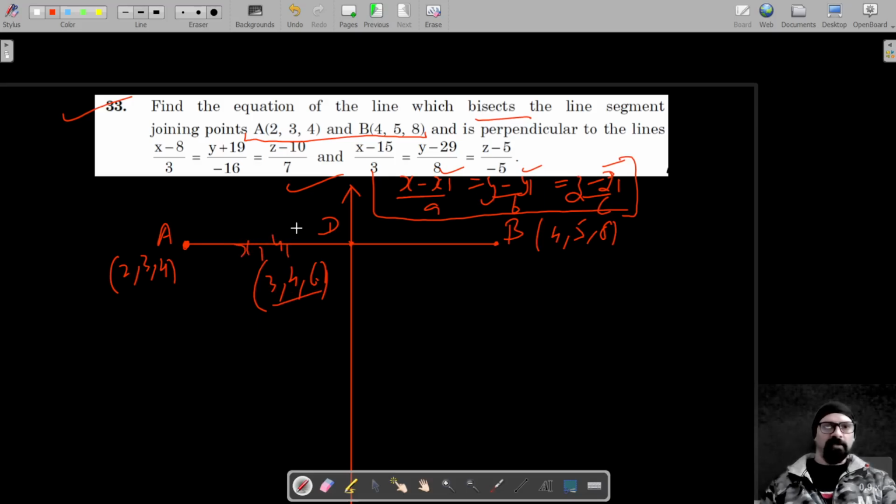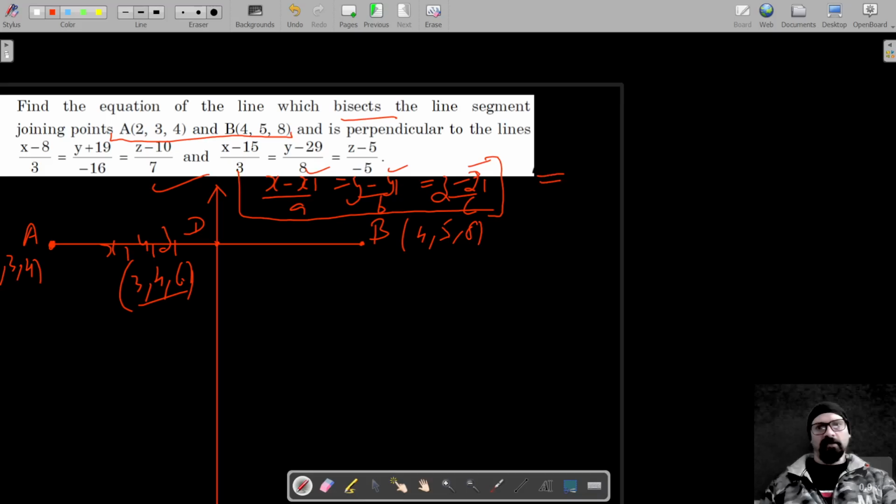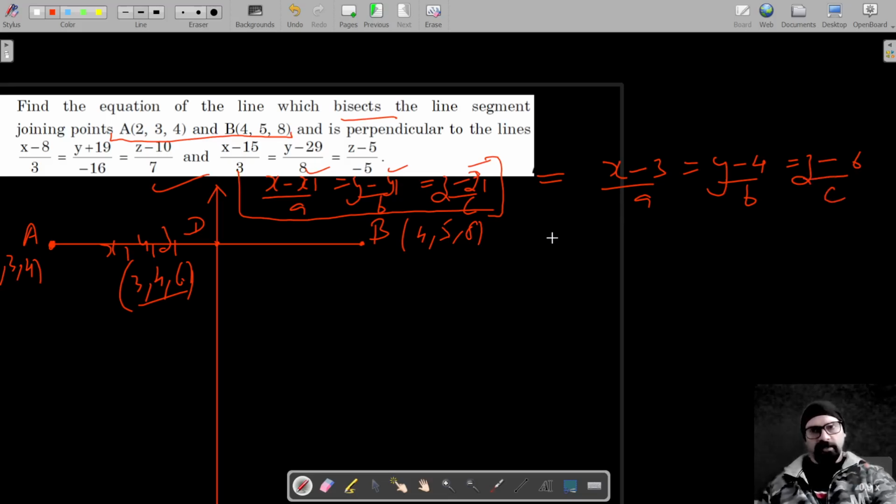Now this required line passes through 3, 4, and 6, so these are x1, y1, and z1. The equation of the line becomes (x minus 3) by a is equal to (y minus 4) by b is equal to (z minus 6) by c. Now we have to find the direction ratios a, b, and c.